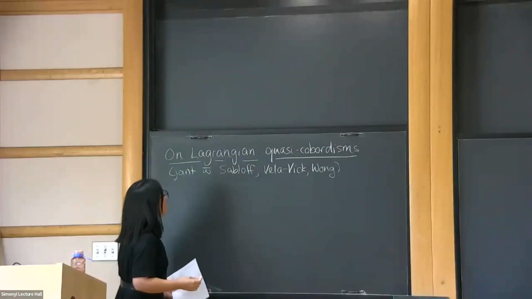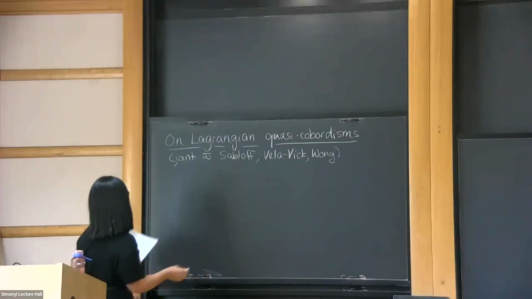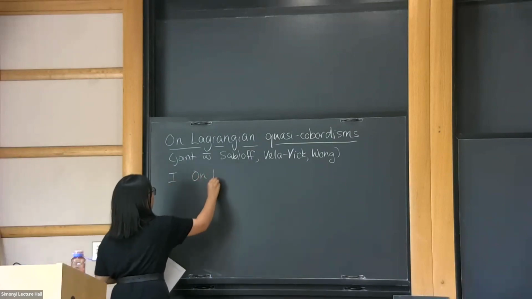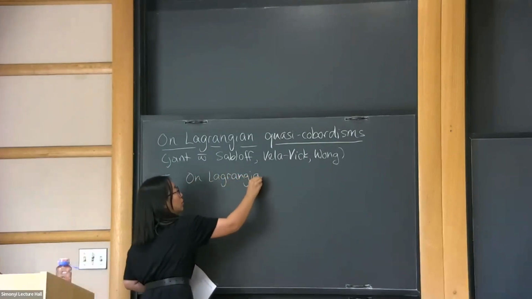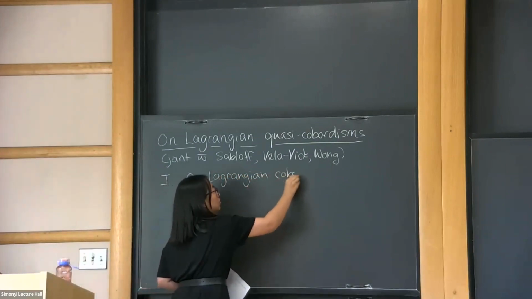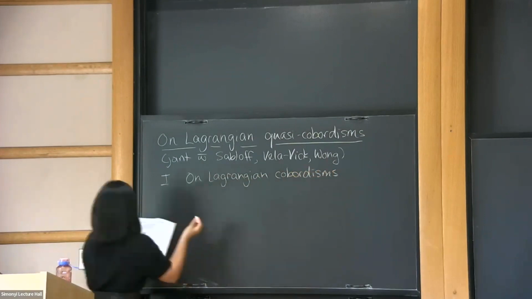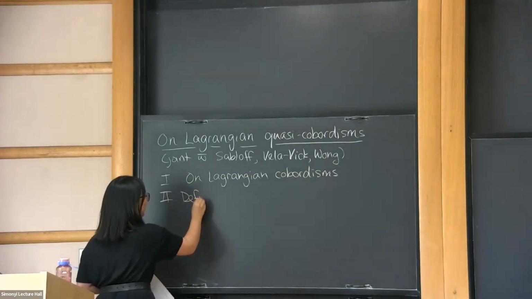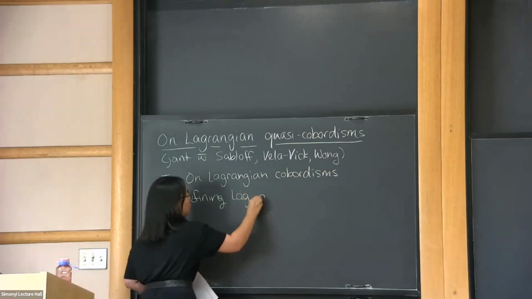Okay, and this talk is roughly going to go in 4 parts. So the first part, I'm going to tell you a little bit about Lagrangian Quasi-Cobordisms. And then I'm going to define Lagrangian Quasi-Cobordisms.